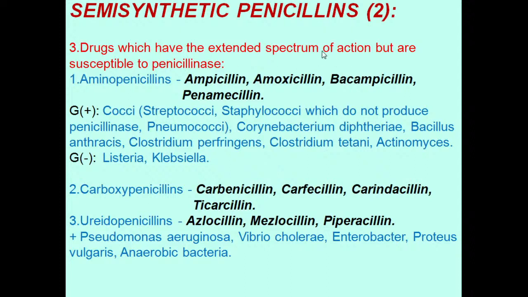In this group, we distinguish three chemical subgroups. The first, aminopenicillins: ampicillin, amoxicillin, bacampicillin, penamecillin. Carboxypenicillins, ureidopenicillins.